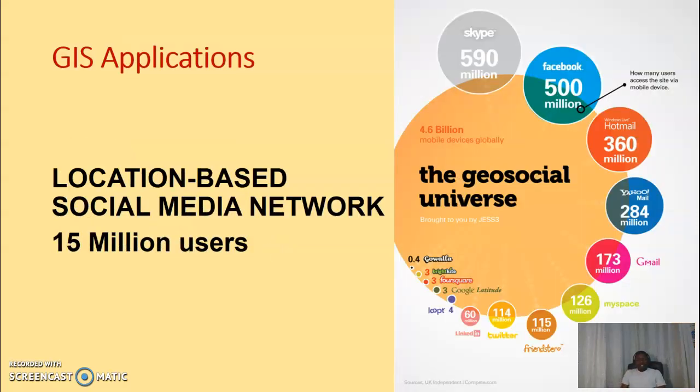Some GIS applications are location-based social media networks, where users have been evaluated at around 15 million. On these social media platforms, users can share their location or see people on the same network based on their location.